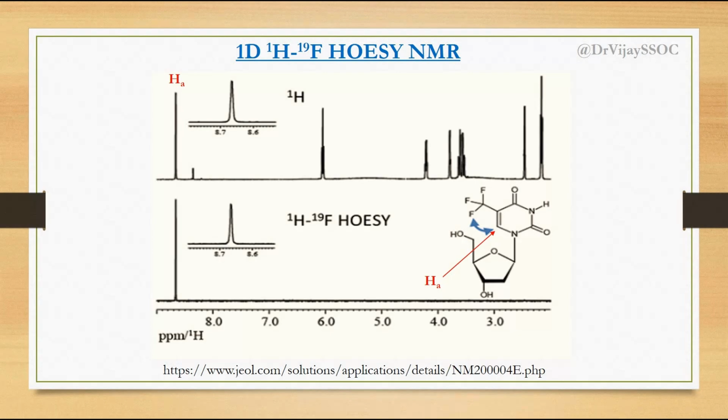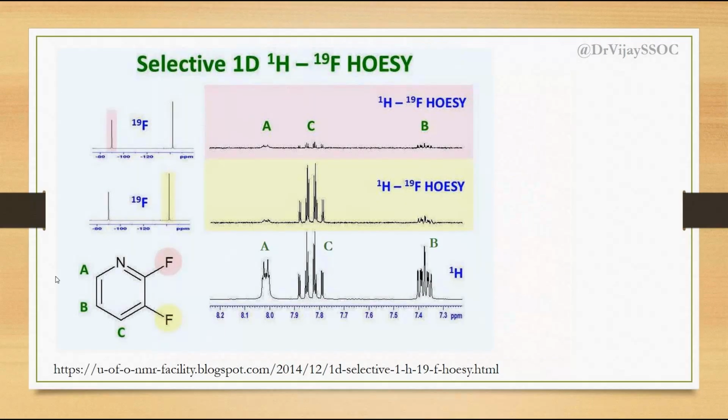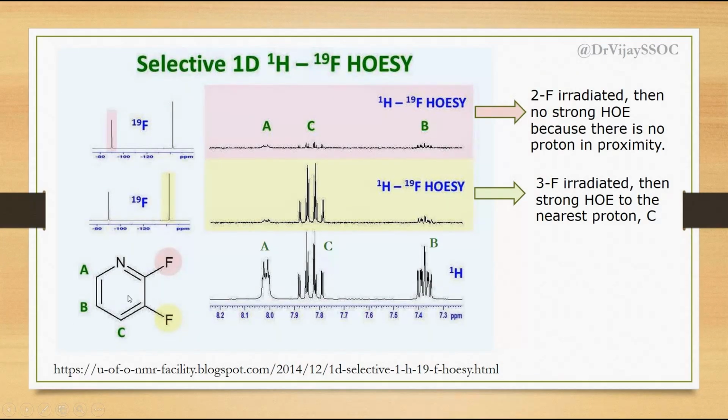And now I'm sure you will understand how to interpret 1D proton fluorine HOESY NMR. Okay, so here is the example. This is the NMR of this compound. And let's say we know which proton each signal belongs to through the splitting pattern. So A belongs to this proton, this is the signal from the B proton, and this is the signal from the C proton.